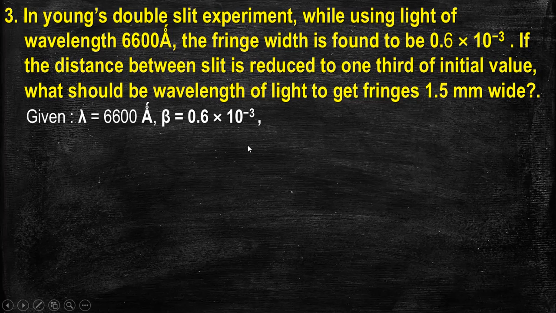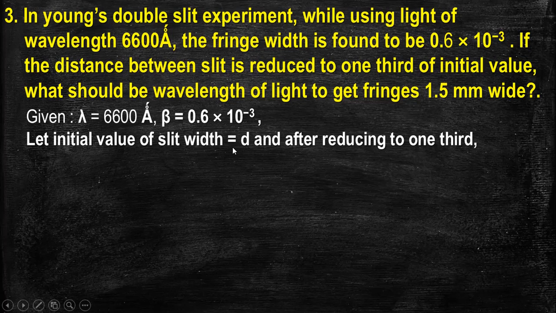Now, how to list the given values? The wavelength of light used 6600 angstrom unit, which is equal to 6600 into 10 to the power of minus 10 meter. Beta, which is given here, the fringe width is found to be 0.6 into 10 to the power of minus 3 meters.